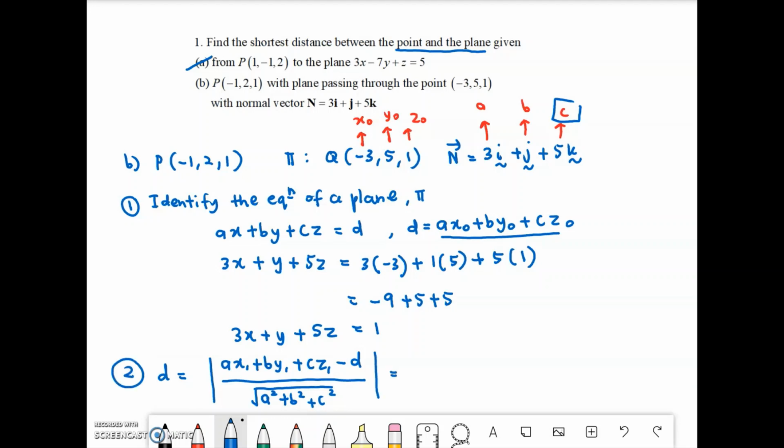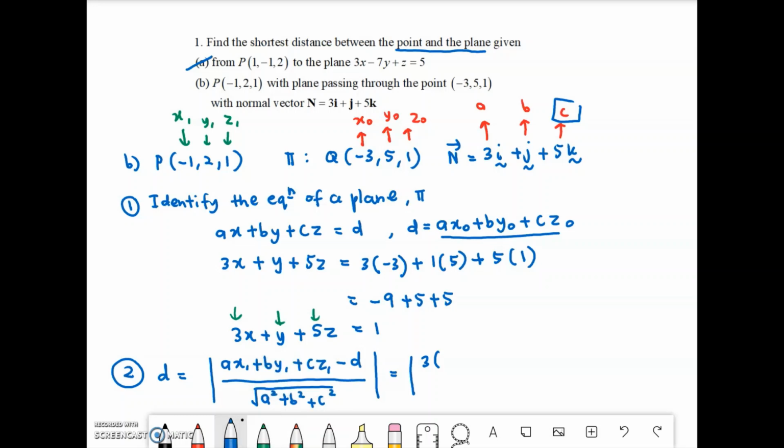So now our a, b, c, then our a is 3 times, with our point here, P, this one as our x1, y1, and z1.